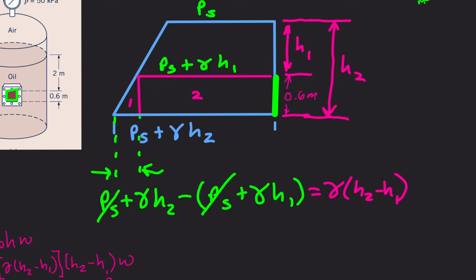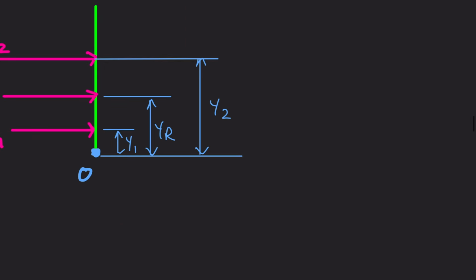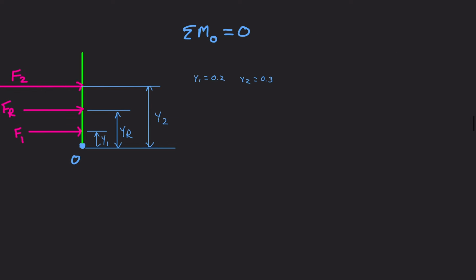And for a square, the y component of the centroid is 1/2 of this length, right? So we know this length is 0.6, so half of that is 0.3. 1/3 of this is 0.2, okay? So I'll write that here. y1 equals 0.2. y2 equals 0.3. Okay.